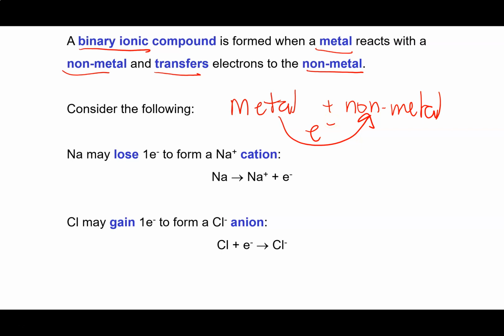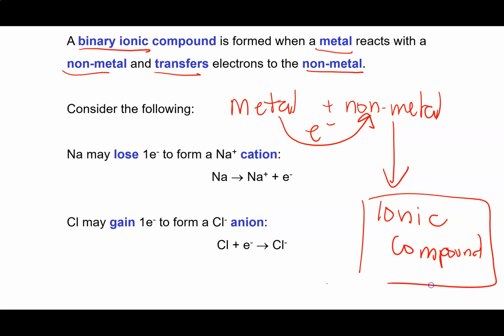As a result of the transfer of electrons, the metal will get a positive charge and the nonmetal will get a negative charge. What happens to positive and negative charges? They get stuck together. So after this transfer of electrons, you don't have individual atoms anymore. You're going to end up with an ionic compound, right? Because the ions produced as a result of the transfer will attract one another.